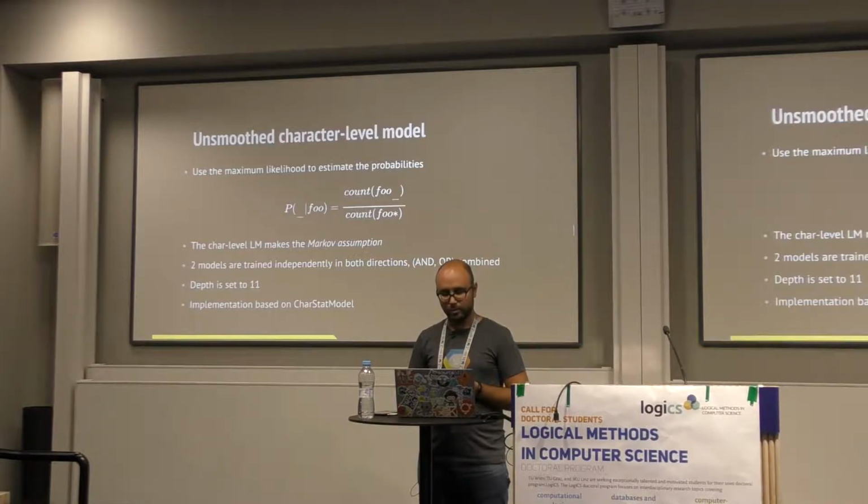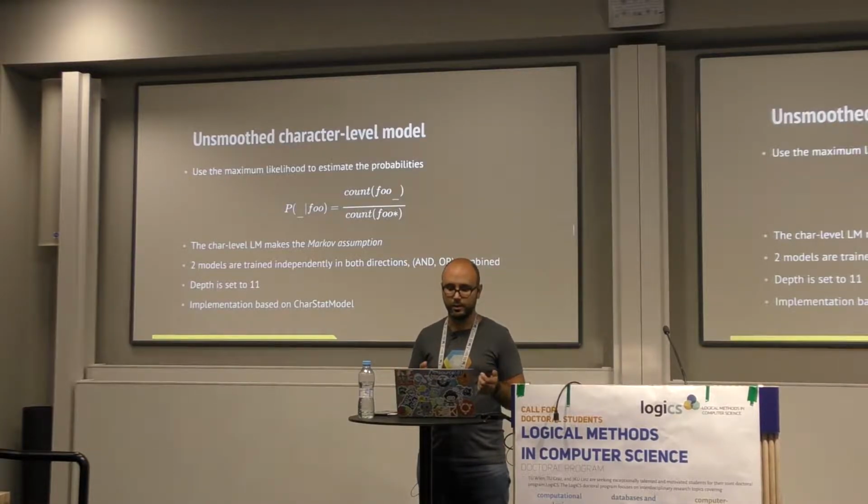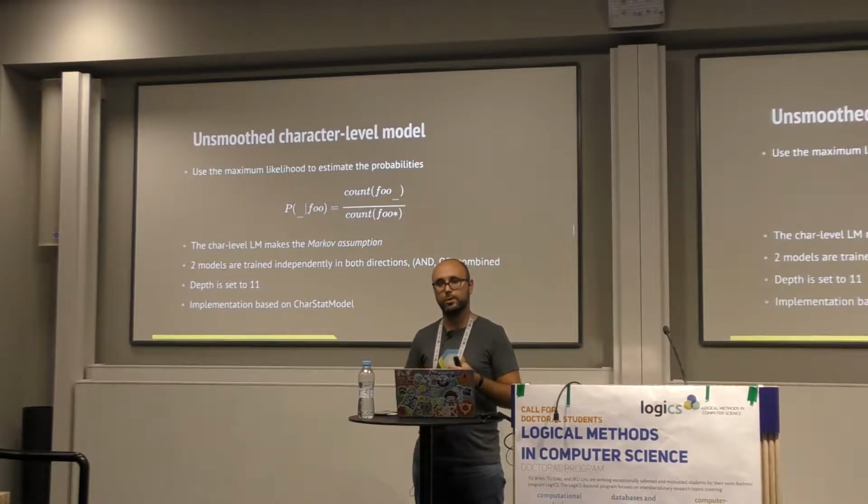Also you can read the identifier from left to right and from right to left, and it's basically no difference. So the question is how you are going to use both predictions at once, because you have one model left to right and one model right to left.